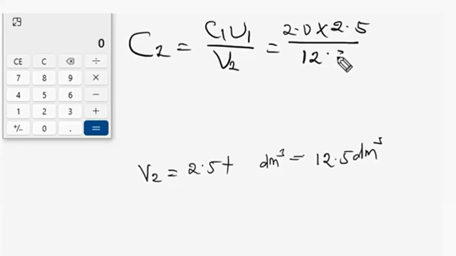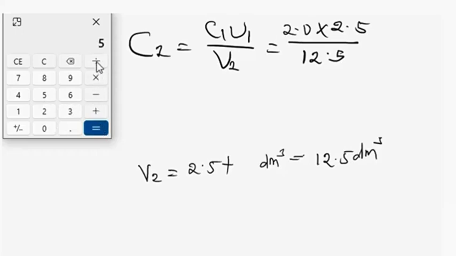12.5 dm cube. So guys, let's go ahead and use our calculator here. We're going to do 2.0 times 2.5, and that's 5.